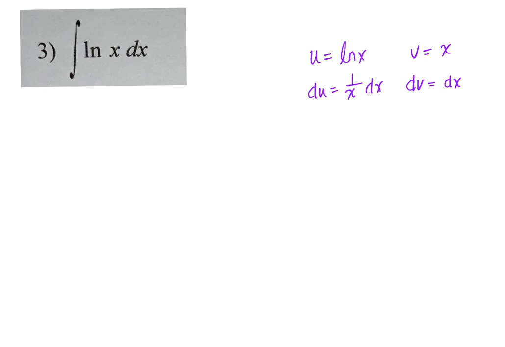And so I'm going to say uv, I'm actually going to put the x in front of the ln of x just because it's easier, minus the integration of x times 1 over x dx. So I'm going to simplify this to just be 1. So I have x ln of x minus x plus c.